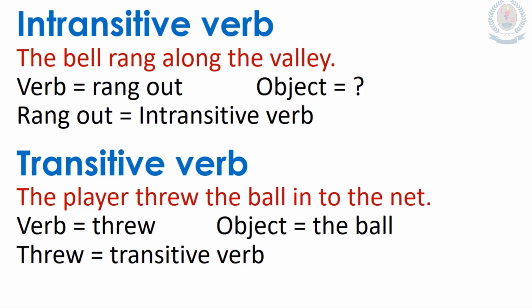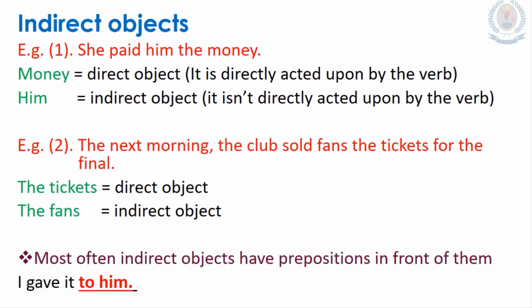Then the verb is giving us the answer, the ball. Then this verb has got an object. Then we call it transitive verb because it has got an object. When there is an object for a verb, we call it transitive verb. Okay, let's move on to next slide.